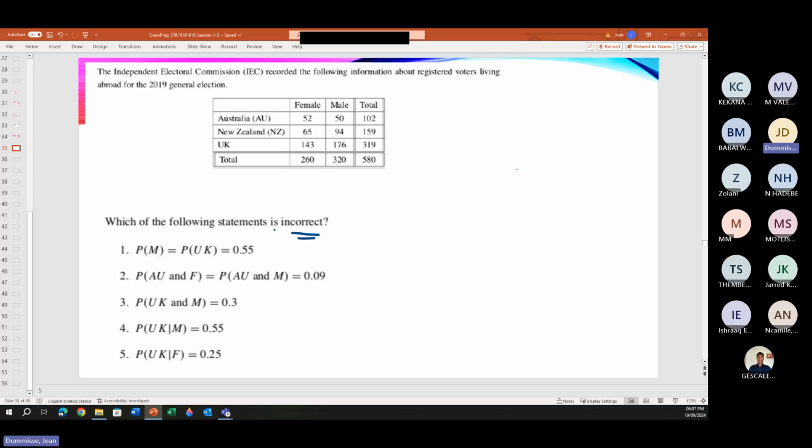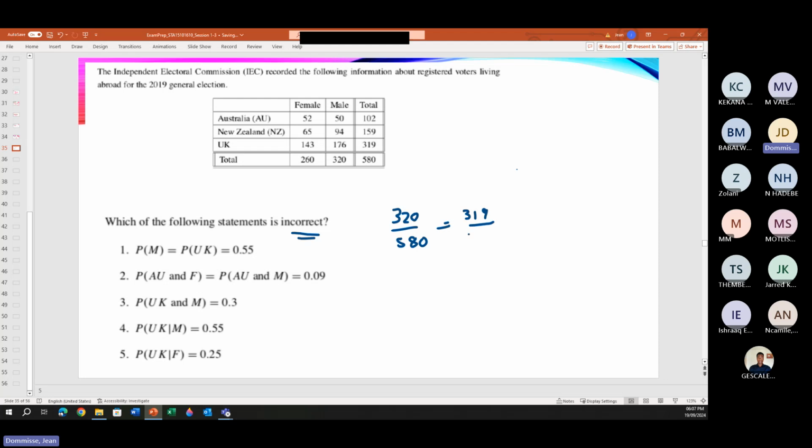Probability of male, 320 over 580. And they say, well, that's equal to the probability of UK, or very close.